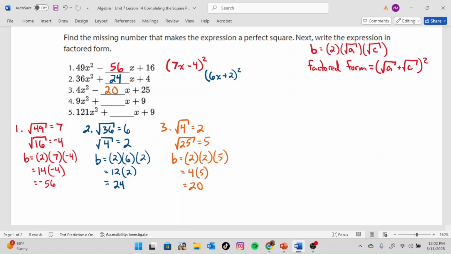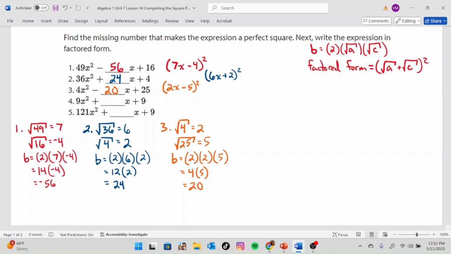Now when we write this in factored form, notice that the b term is negative. So this is going to be 2x minus 5 squared.